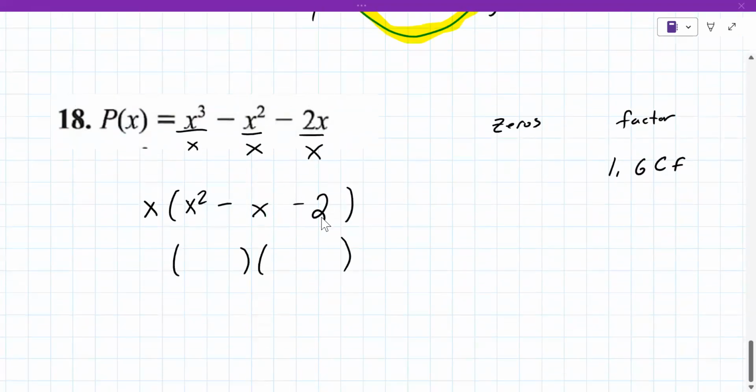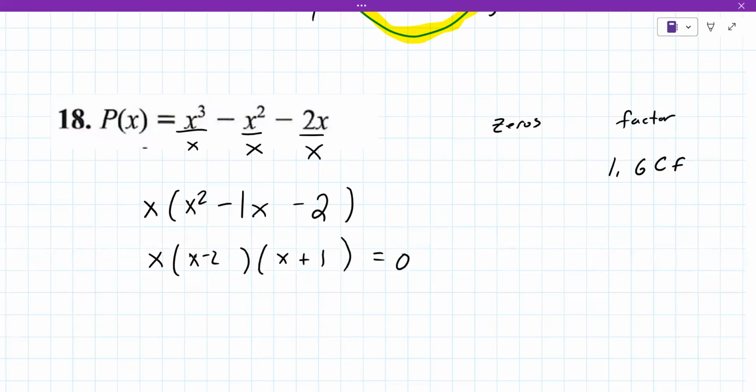So this one is -2, and if you need to, you write a -1 there. -2 and 1. So x minus 2, x plus 1. You bring the x down.